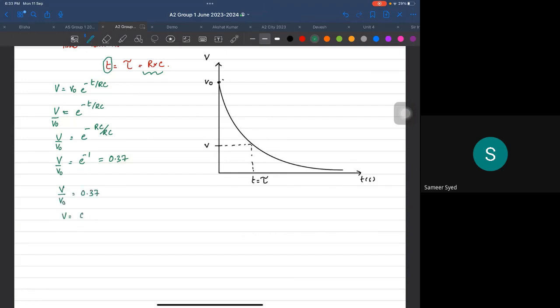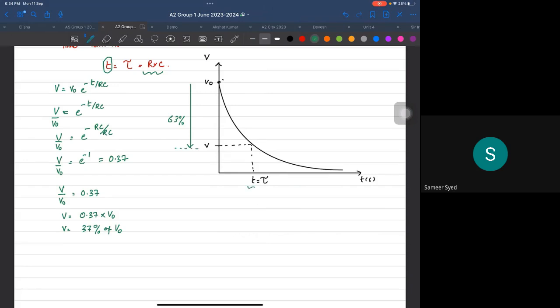So V will be equal to 0.37 times V naught, which I can say is 37% of the maximum value, because the maximum value was this, which means that when the discharge has happened to 63%, 37% is remaining.